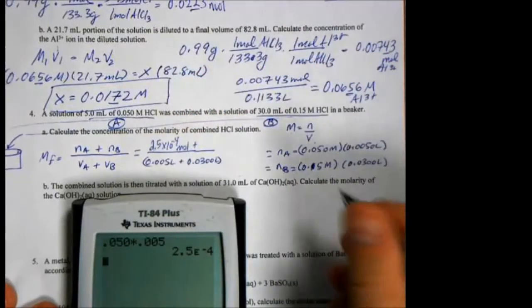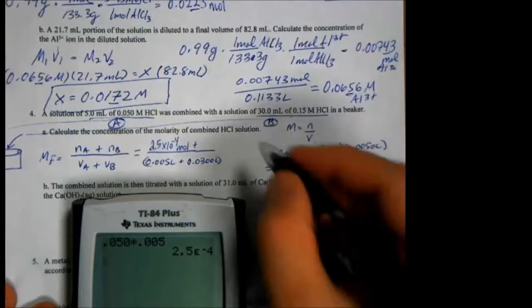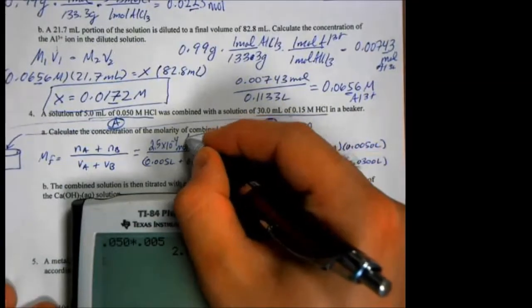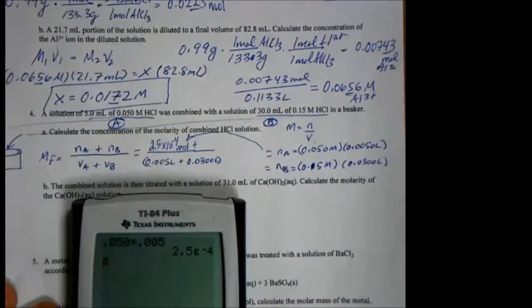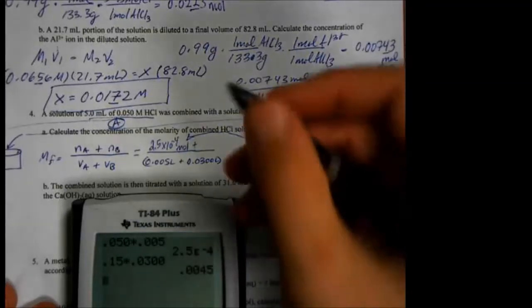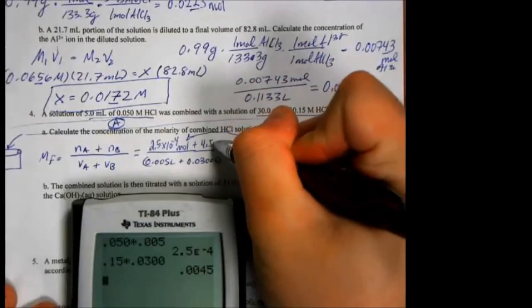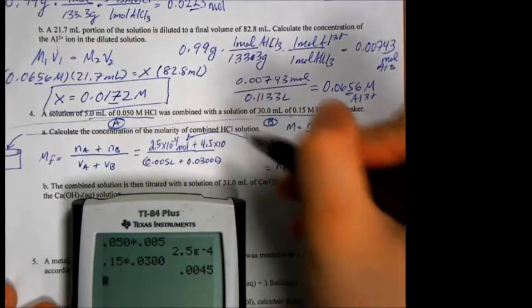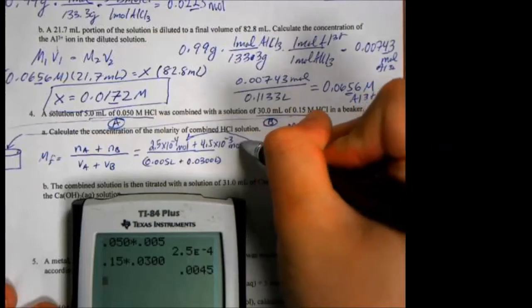That's coming from A, and then from B, we are going to get 0.15 times 0.0300. So that is going to be 4.5 times 10 to the minus 3 moles.